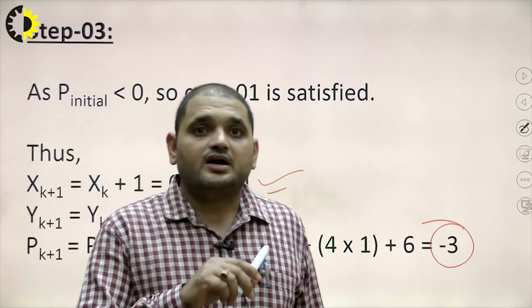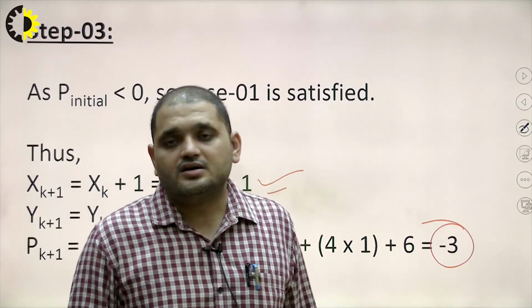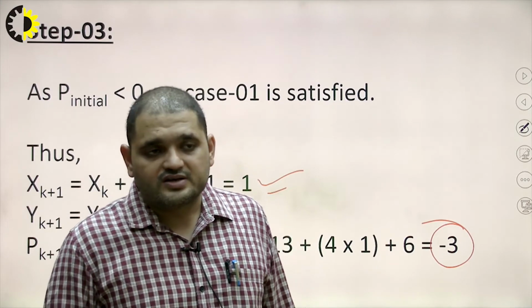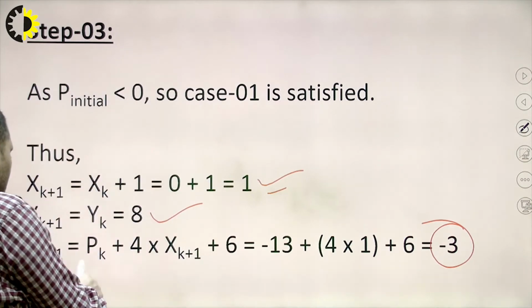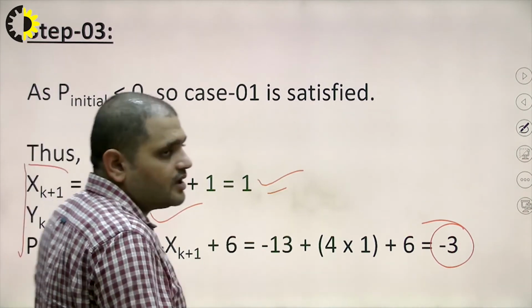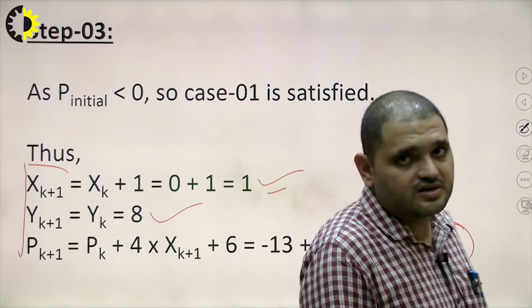So we will again take the same iteration for the less than 0 condition, and we will find the next points and the next decision parameter value.